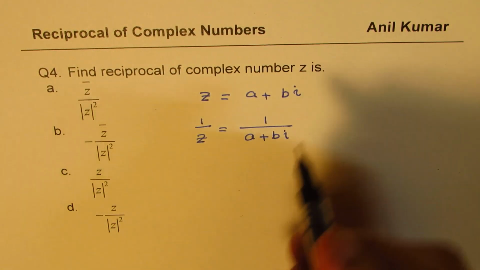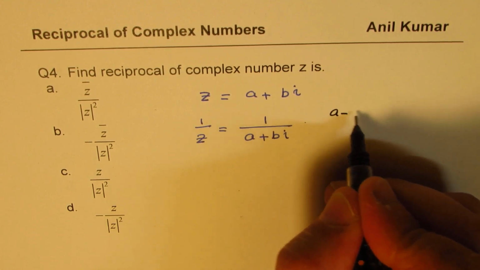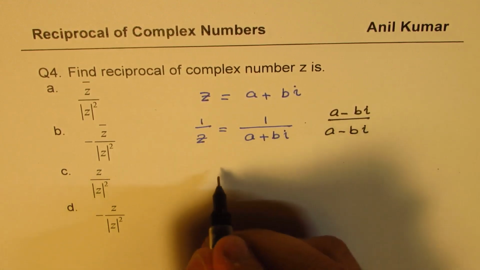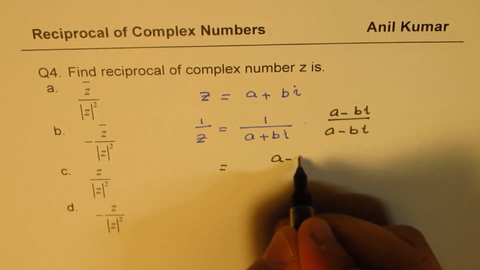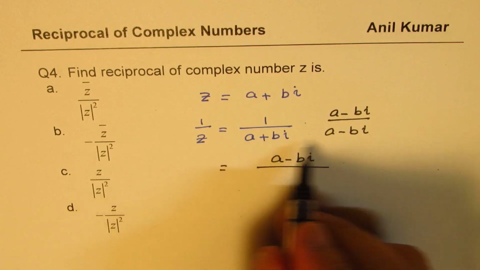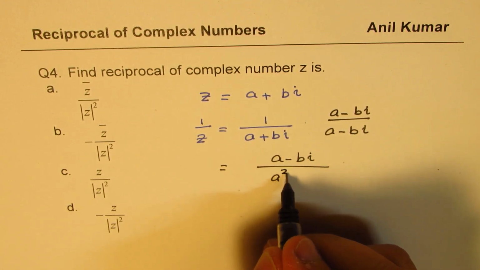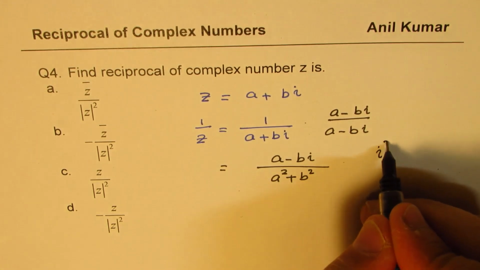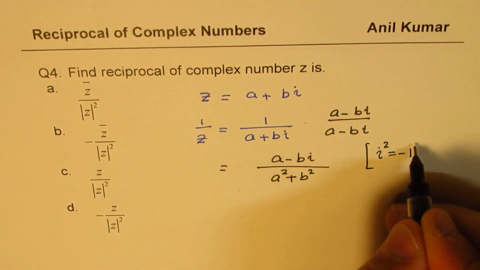Now we need to rationalize it, so we'll multiply and divide by its conjugate, a minus bi. So when you do that, you get a minus bi, the conjugate, right, of this. And here you get a square plus b square, just as we saw, since we know i square is negative 1, correct?